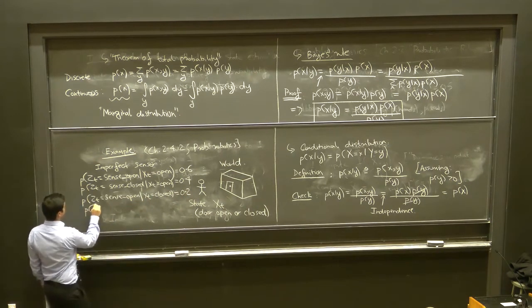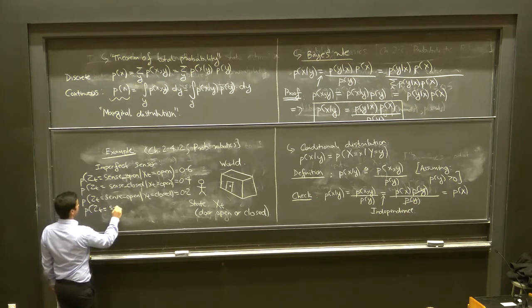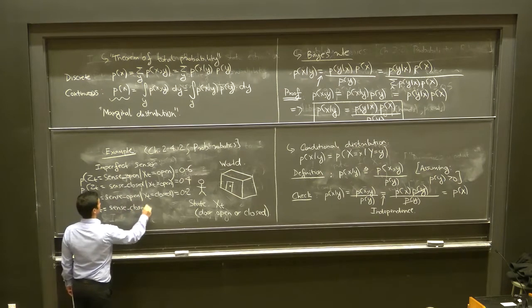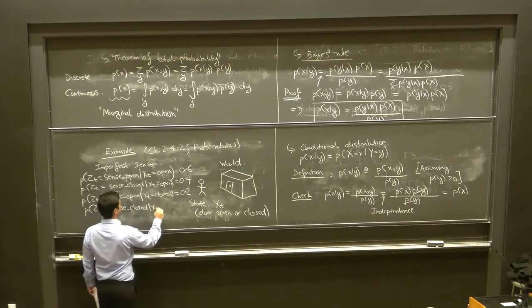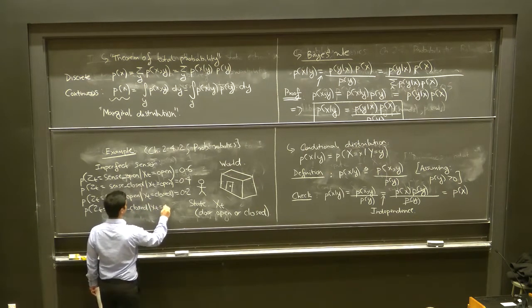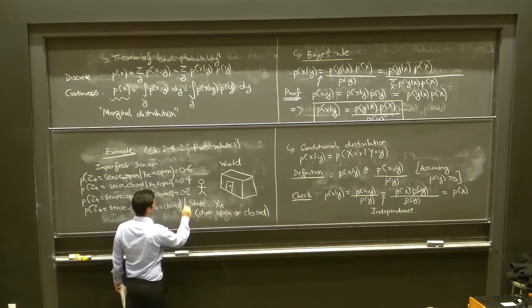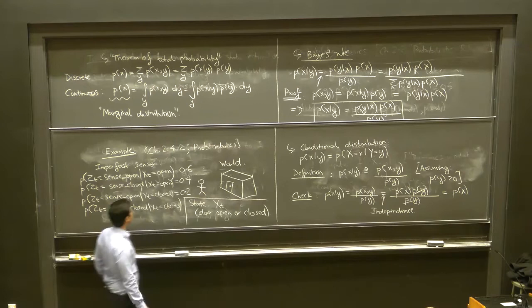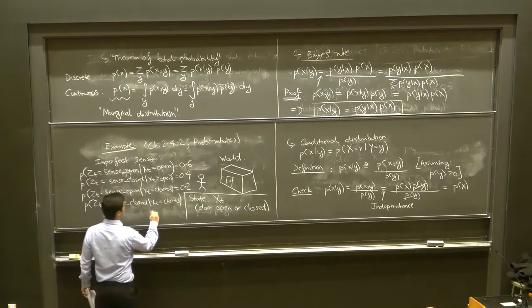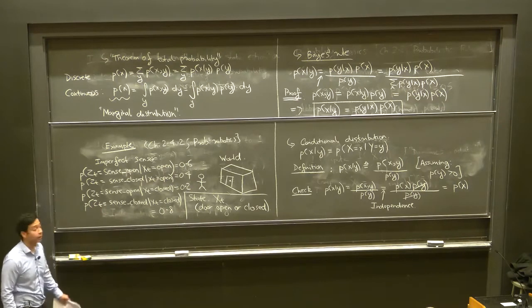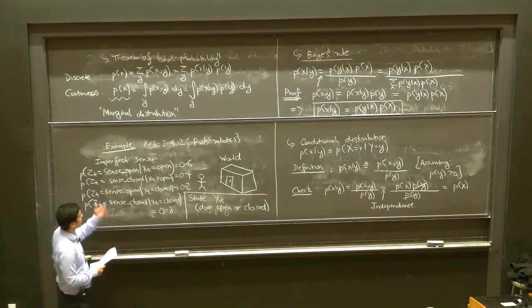And finally, the probability that the door is sensed to be closed, given that the door is in fact closed, is just 1 minus 0.2, which is 0.8. All right, so this is our probabilistic model of the sensor.